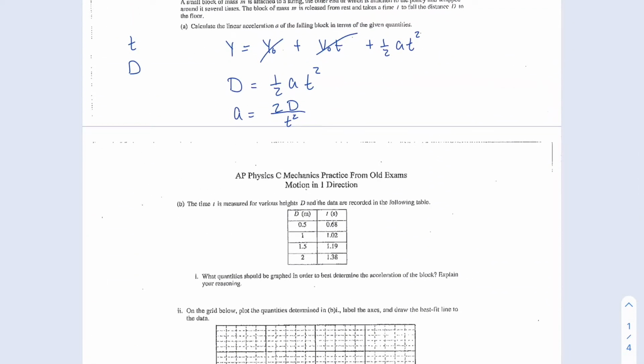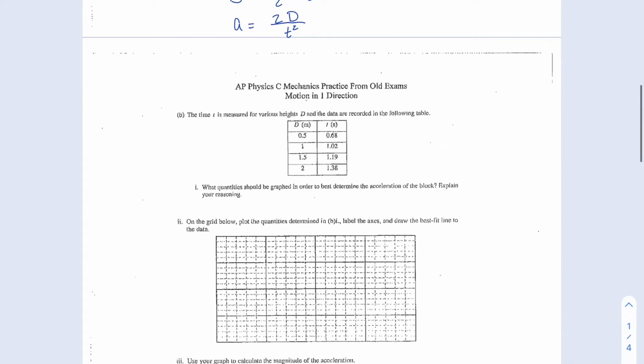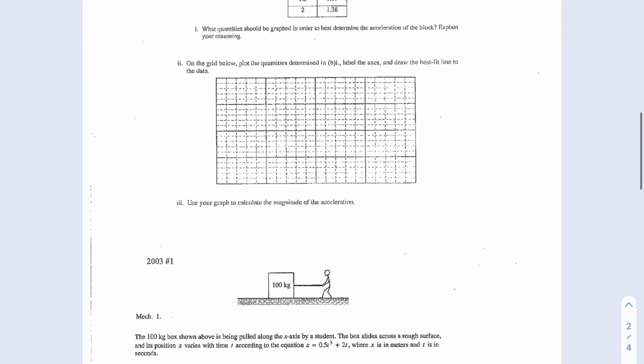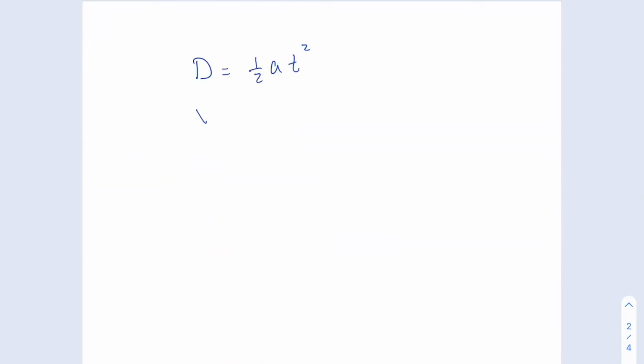They're asking us what quantities should be graphed in order to best determine the acceleration. Now, if we were to just graph distance versus time, we know we would get a curved graph. But if we write the equation for a straight line here, y equals mx plus b, in our case, we don't have an intercept, so we just don't worry about that. And here we're just going to line up the variables with the straight line equation.